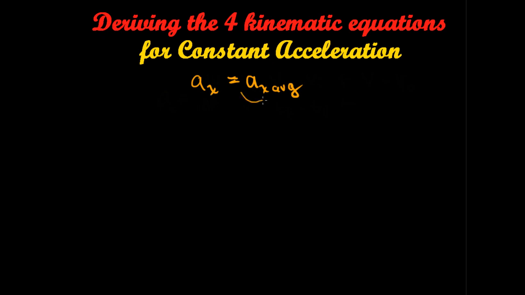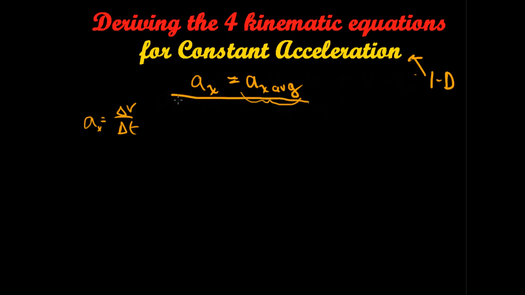We could use this to derive some powerful expressions for objects under constant acceleration in, I should say, one dimension. So what is the average acceleration? Well, acceleration is equal to the change in velocity over the change in time. And that's the average acceleration.